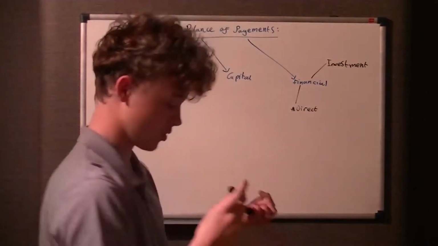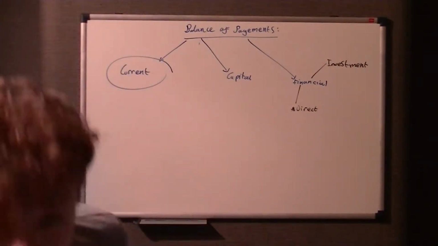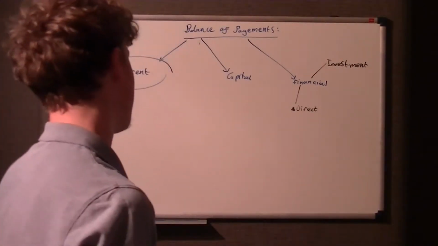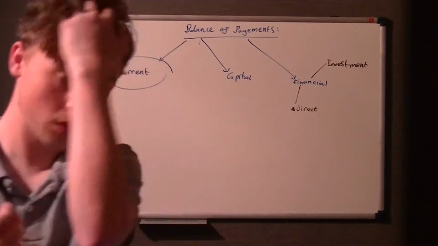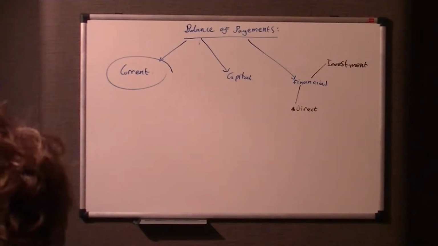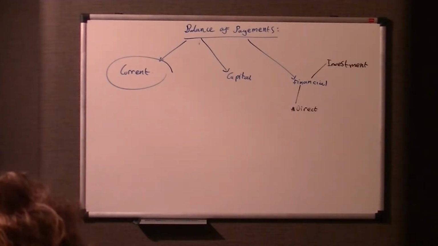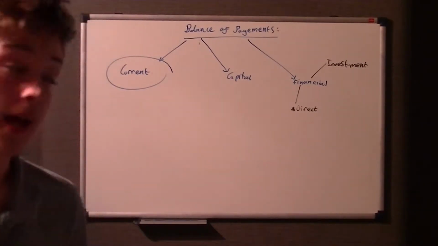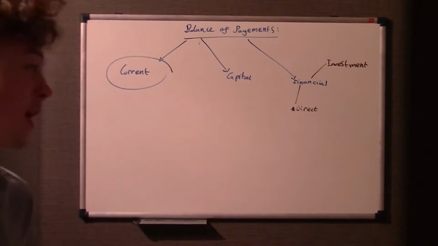Great, the pen's rubbish. So, you don't use the word direct when you're explaining it, but in essence, direct investment is where a UK business opens up in a foreign business and invests in that.